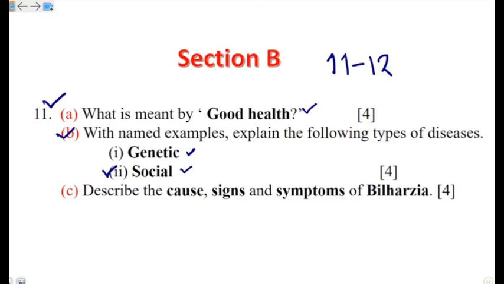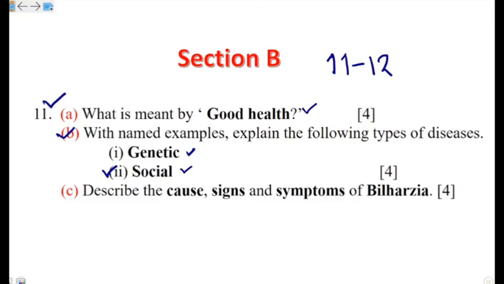This is very simple to define. Social diseases are diseases that are transmitted through sexual contact or through vaginal or oral intercourse. For example, HIV and AIDS, syphilis, gonorrhea. These are what social diseases are.